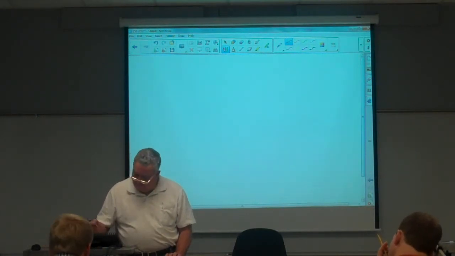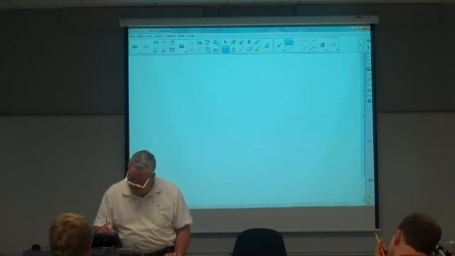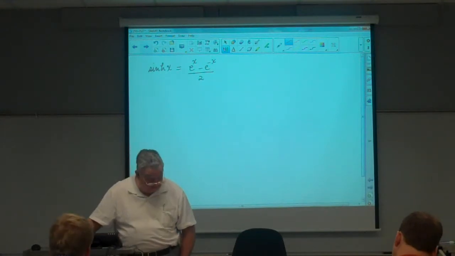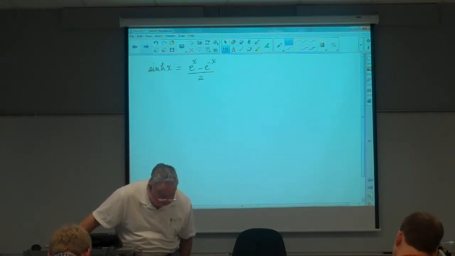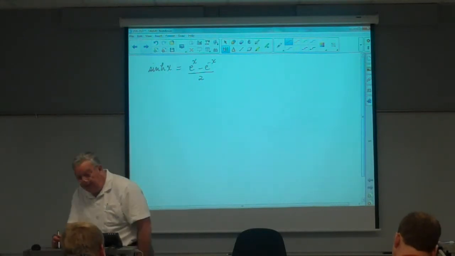A hyperbolic function is... I have to look the first time I write it every year and make sure I did it right. Oh, and I did.